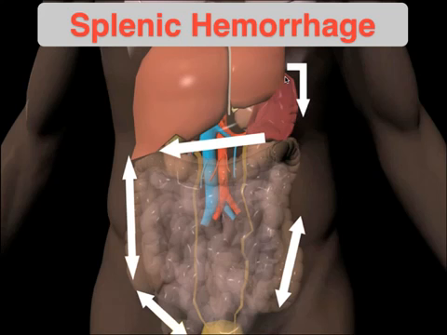And the reason I bring that up is that this is a key area to look for free fluid when you perform the perisplenic window. Yes, you can look in the splenorenal fossa, but it's important that you visualize that subphrenic space.